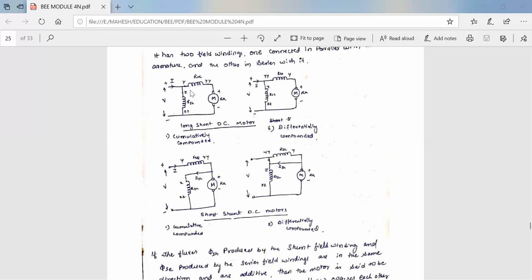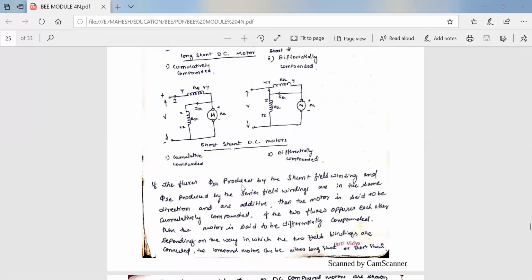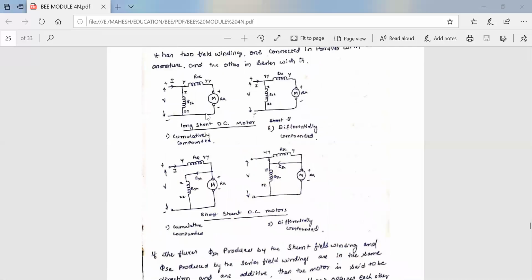If both fluxes, phi SH and phi SC, are in the same direction, then the total flux phi T will be additive, and that motor we call cumulative compound. Cumulative means that both fluxes will be added.